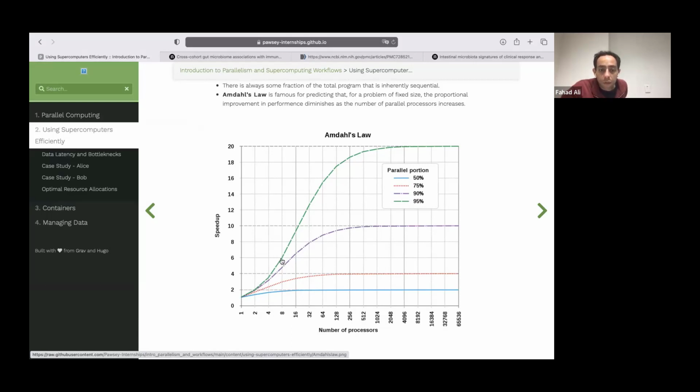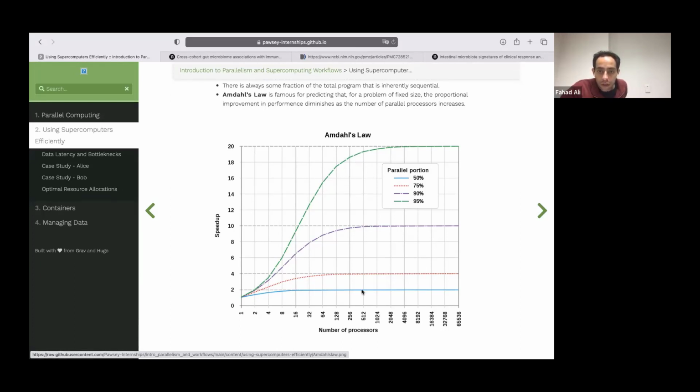If you double the number of processes from 8 to 16, then you get a speed up from 6 times to 10 times. Okay, so you're actually getting a pretty good speed increase as you double the number of processes. But that is not true the whole way across.